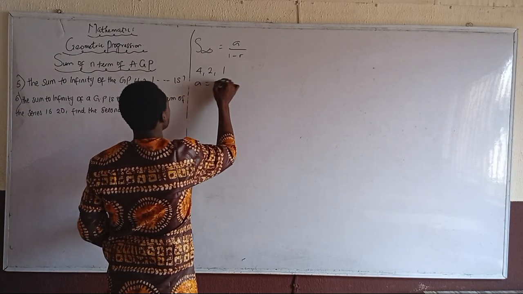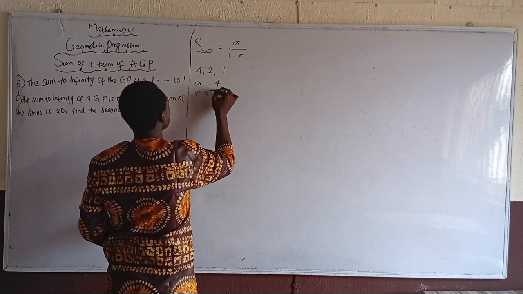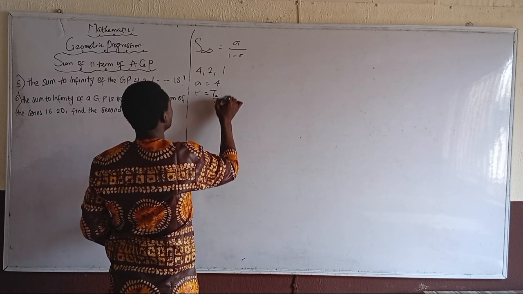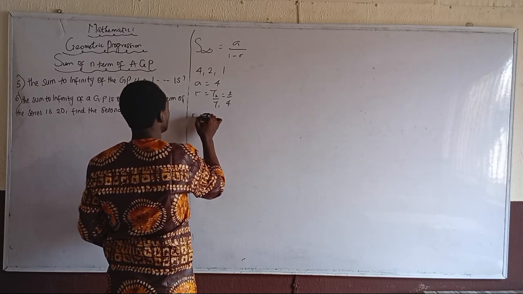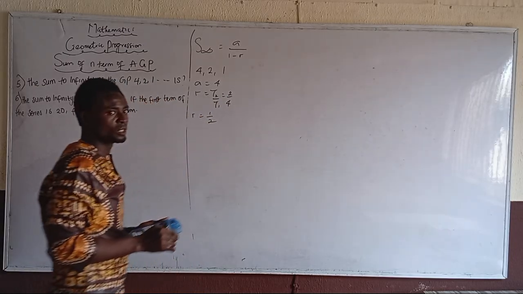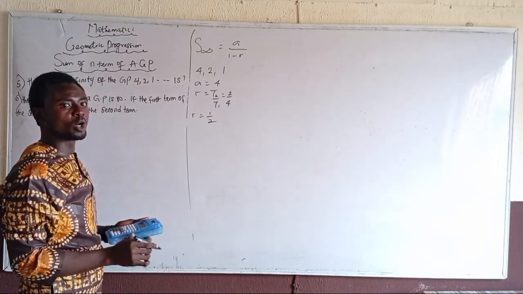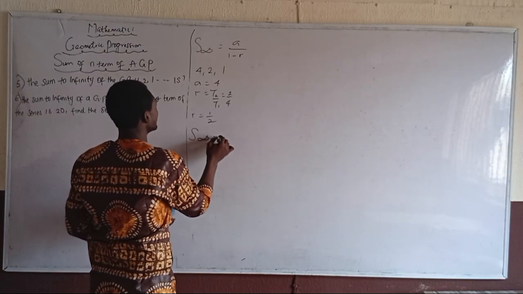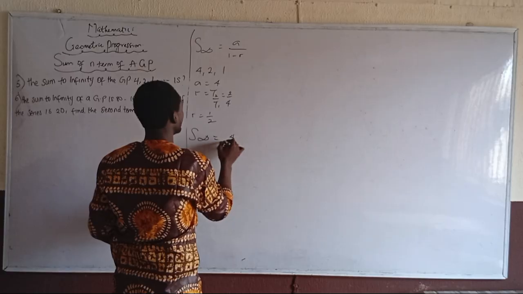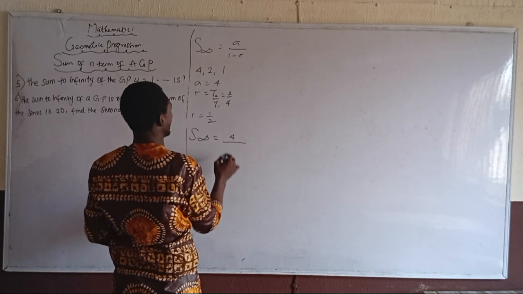My A here is 4 and my R is T2 over T1. That is 2 divided by 4, and my R becomes 1 over 2.